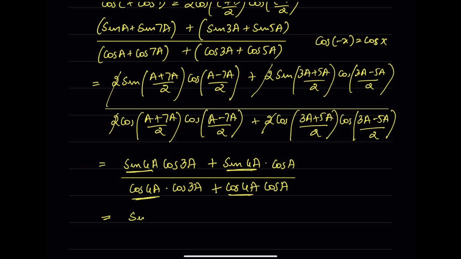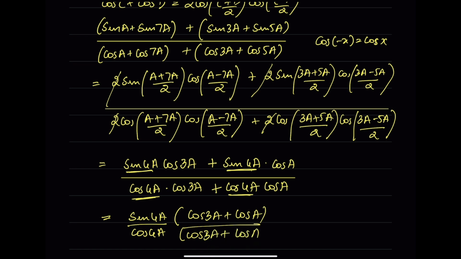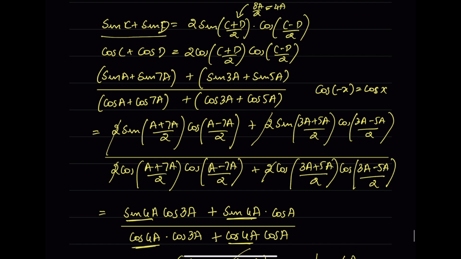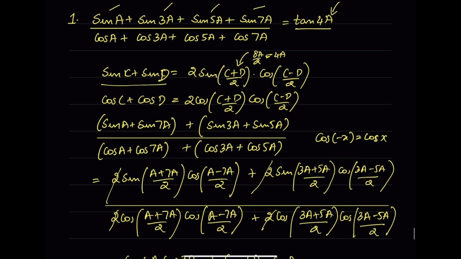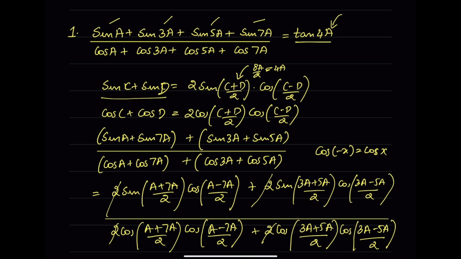So let's write them separately. The numerator would be cos 3A plus cos A, and the denominator again would be cos 3A plus cos A. So we can cancel this out. So our final value would be tan 4A. This is how we can group the required values here, so that we can cancel out a few things and easily get to the proof.